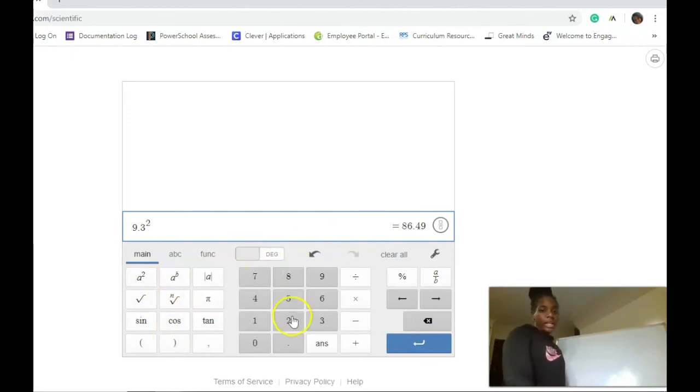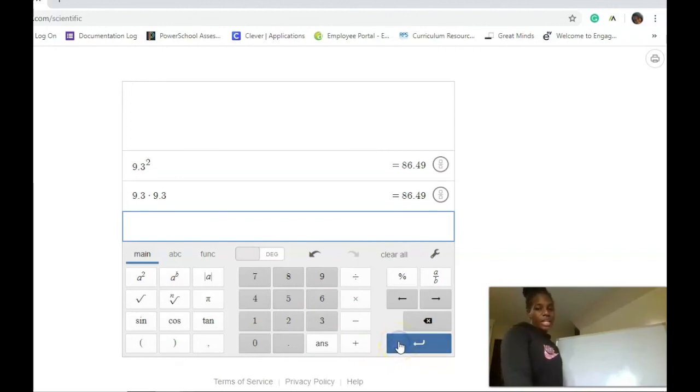And then I can do this manually. Hitting the A squared gives us exactly what we want, but I want to show you guys what actually happened. So I took 9 3/10 and multiplied it by 9 3/10, and I came out with 86 49 hundredths inches squared.